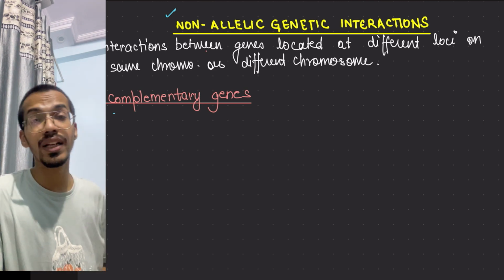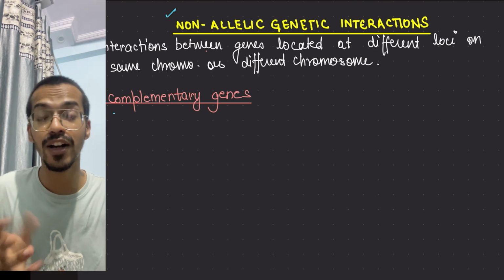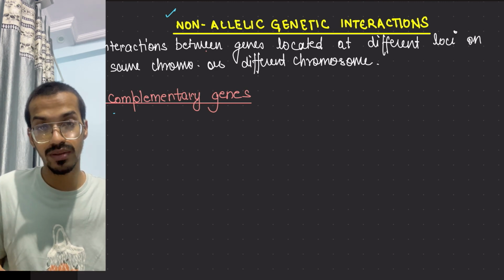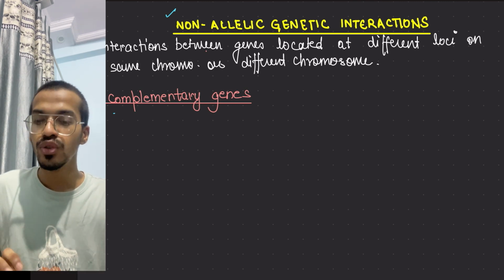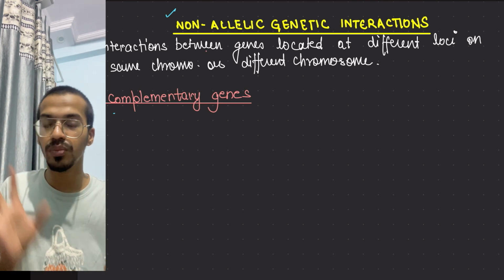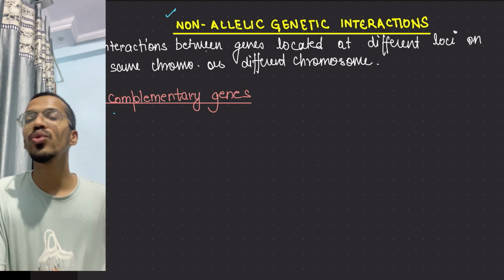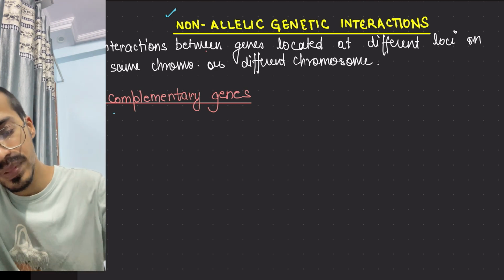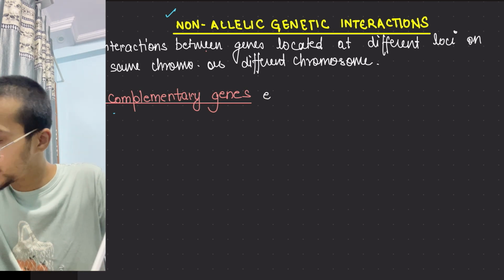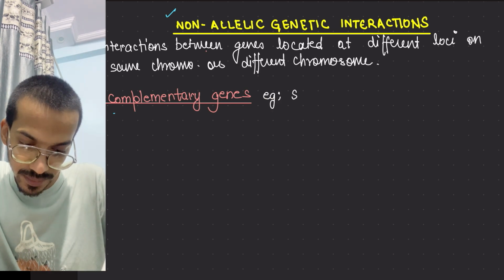Like for example, if you are going to buy a pizza and you get a Pepsi free with it, that is complementary. So the same thing comes over here: one gene along with another gene will work, and something new will form. Here the example is sweet pea.